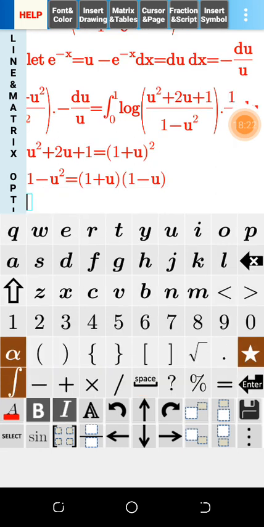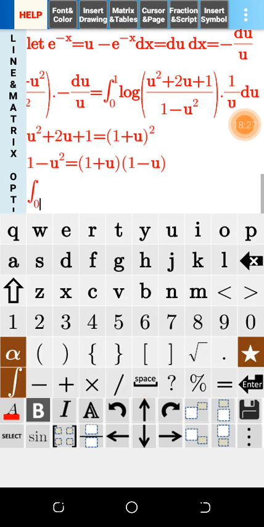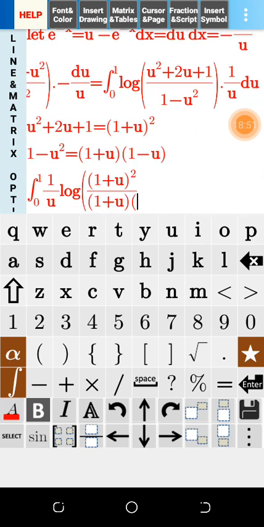So we have the integral from 0 to 1 of 1 over u log of (1 + u) squared over (1 + u) multiplied by (1 - u) du. So 1 plus u, we cancel 1 plus u.